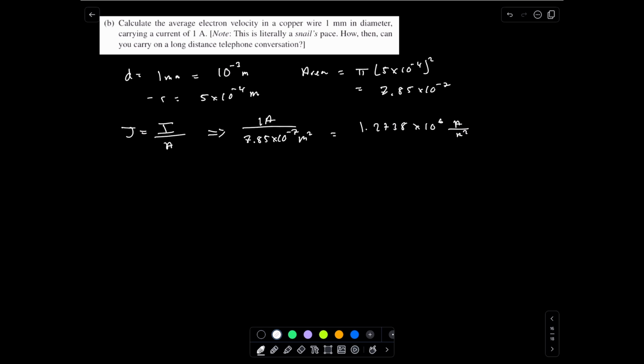So the relationship between the current density and drift velocity v would give us the equation J equals rho v. Manipulating this equation, v will equal J over rho. And plugging in these values, since we know these from the previous part, rho will give us 1.4 times 10 to the 4 coulombs per meter cubed.